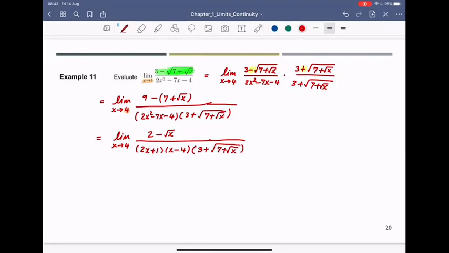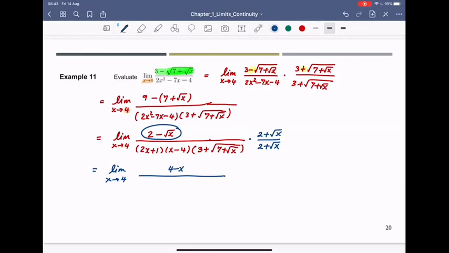So let's multiply by the conjugate another time, right? Because you have 2 minus square root x here. So I'm going to multiply by its conjugate another time, 2 plus square root x. On the top, you're going to have 2 minus square root x times 2 plus square root x, which leaves you 4 minus x.